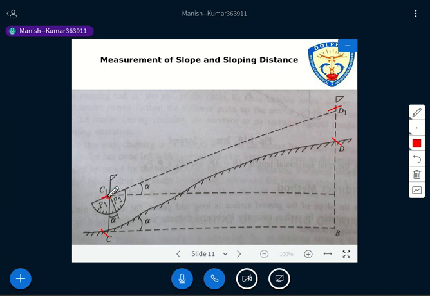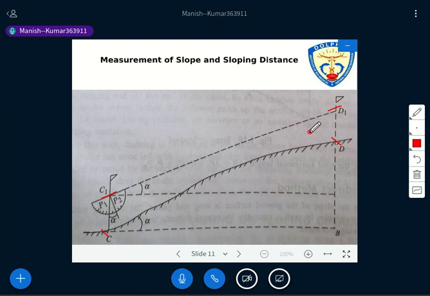Now after placing that, you have to incline the clinometer gradually and carefully until the points P1, P2 and D1 are in the same straight line.